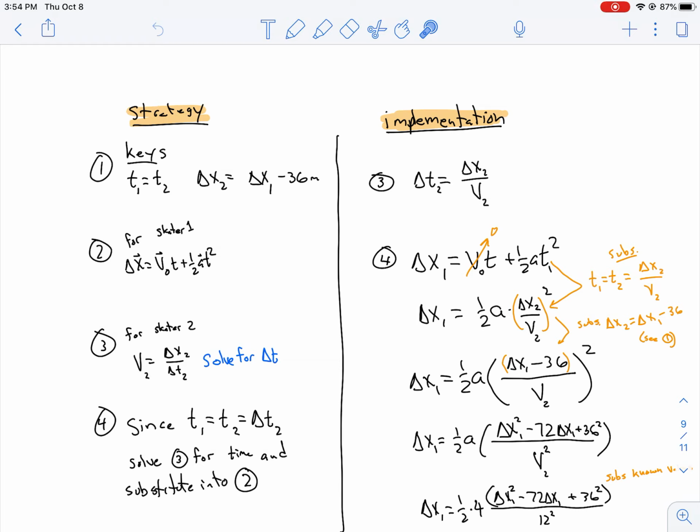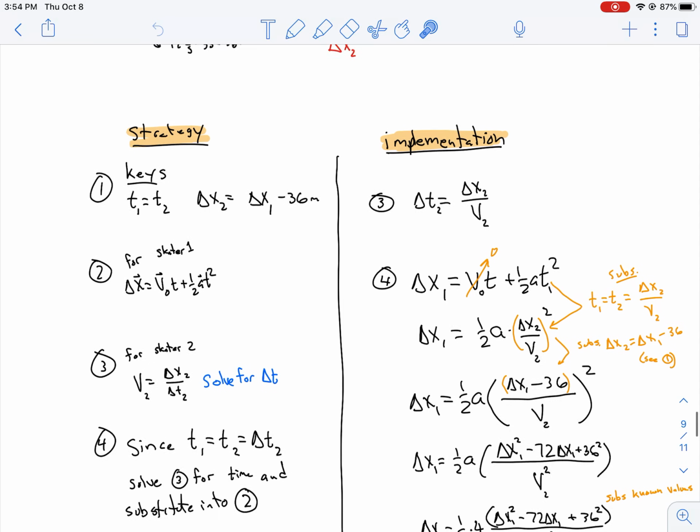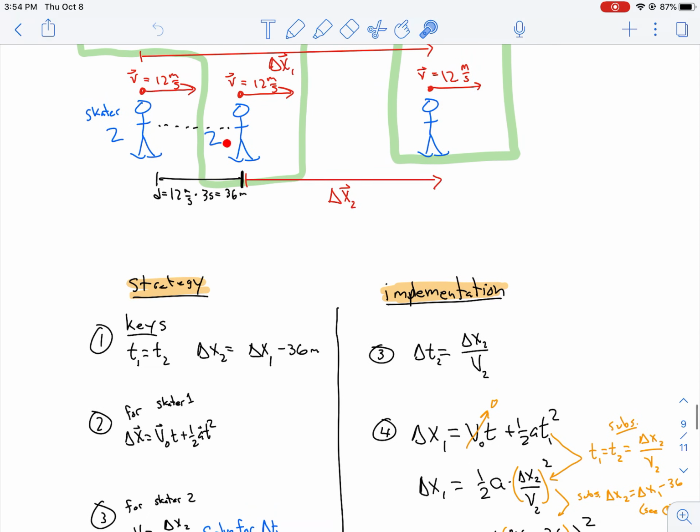But the difference here is that because the second skater travels this extra distance during the delay time of 3 seconds, the distance that he is moving during this time interval is going to be less than the other guy.